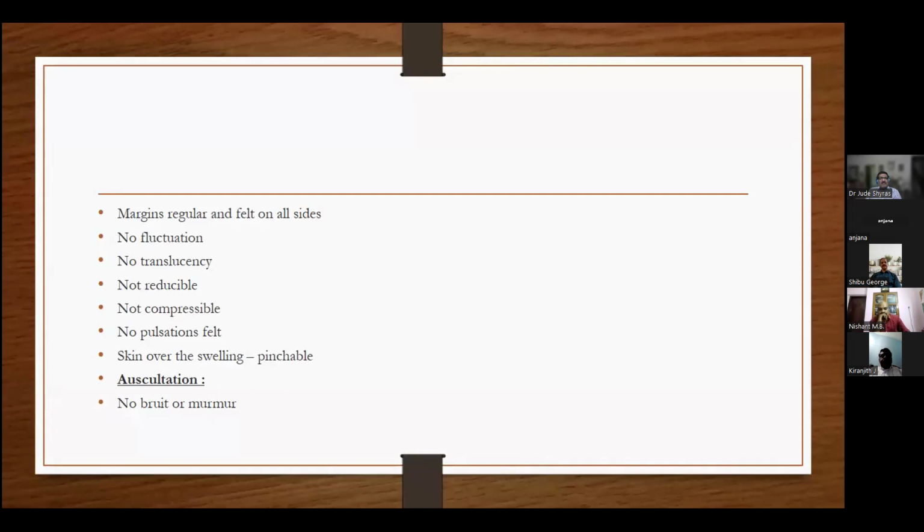Suppose you are compressing the jugular vein, there is an increase in size of the swelling. What is that known as? This is seen in meningocele and encephalocele. This is known as Furstenberg sign. Okay, sir.